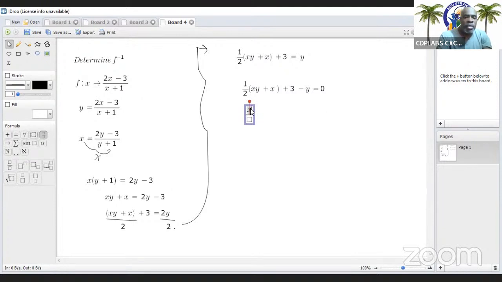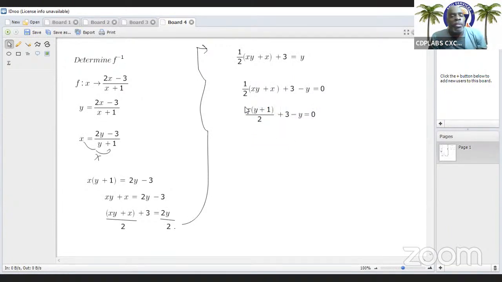So we have x on the outside, y plus 1, we'll put the 2 right here, plus 3 minus y equals 0.